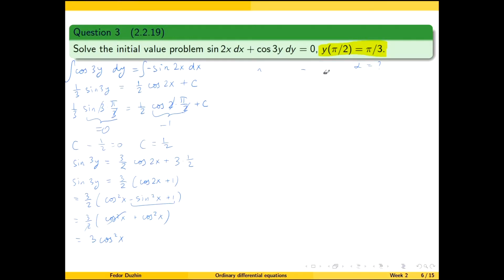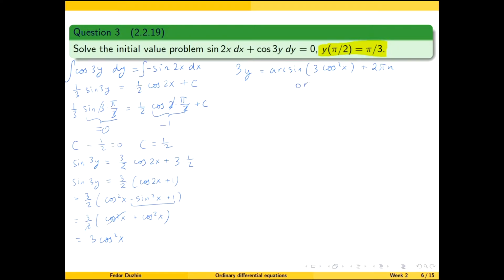So in our case, 3y is the argument of sine. So 3y can be inverse sine of 3 cosine square x plus 2 pi n. This is one series of solutions.